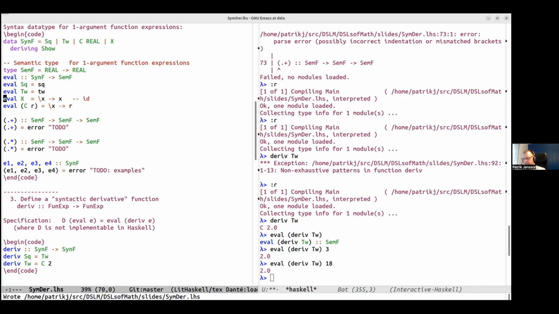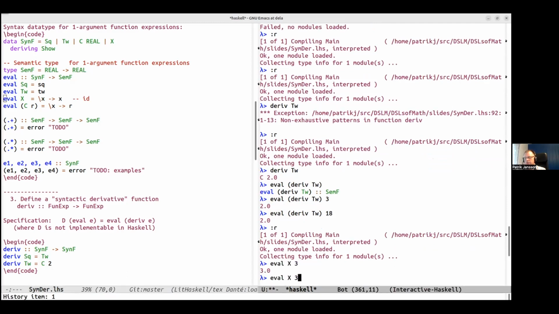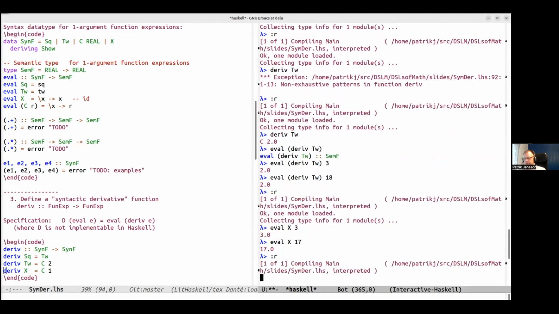Evaluate x at 17 is 17 and so on. So what can we do for the derivative of x? Well, the derivative of x is the function which is slope 1 everywhere. So it's constantly 1, the derivative.